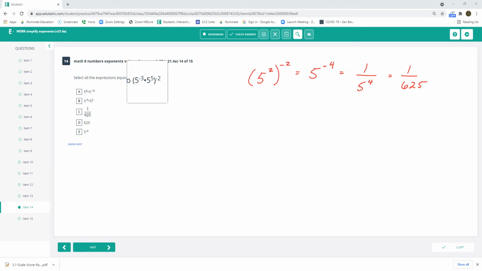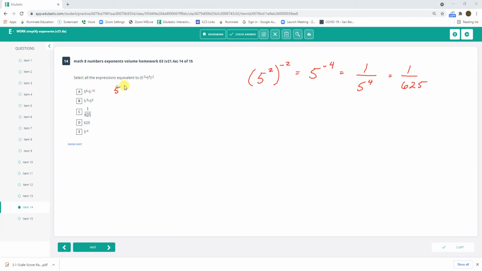Now let's start simplifying other things and see if they match. I don't need the zoom anymore. This is 5 to the 6th times 5 to the negative 10.